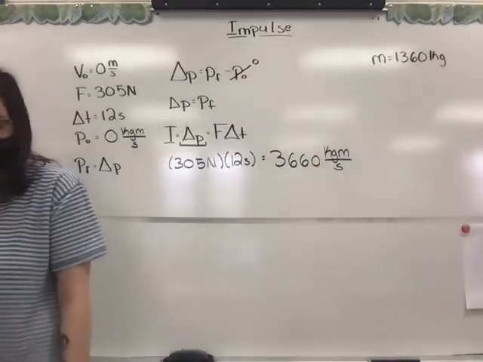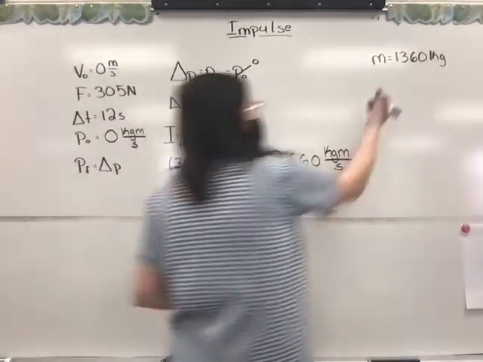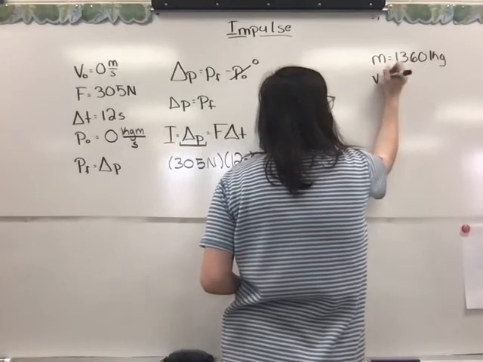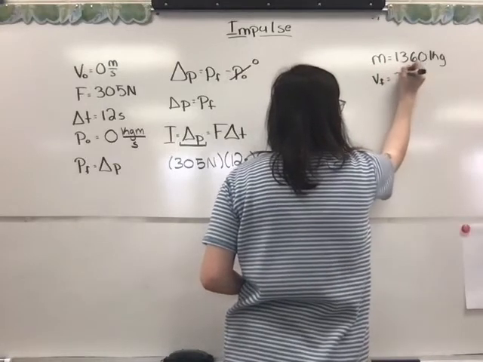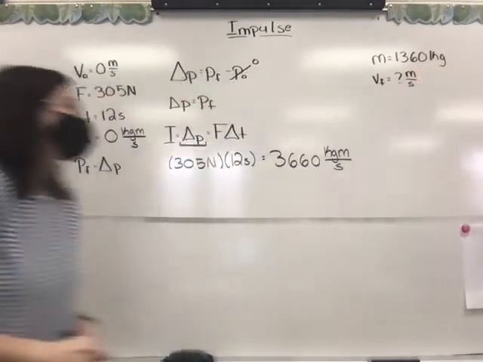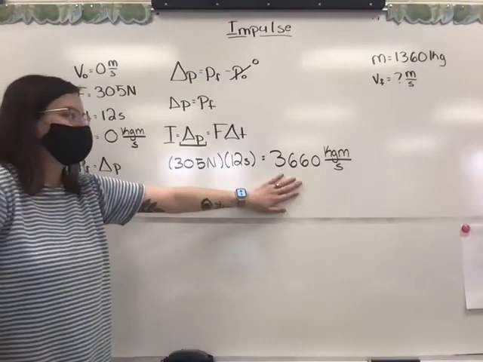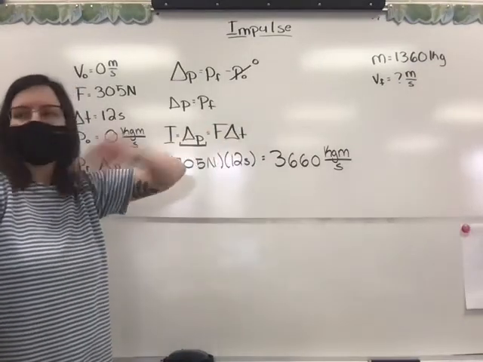All right, so we have a mass now, which is nice. And what we want to know is the final velocity of the car. So how are we going to take this information that we just found and use it to solve for our final velocity?